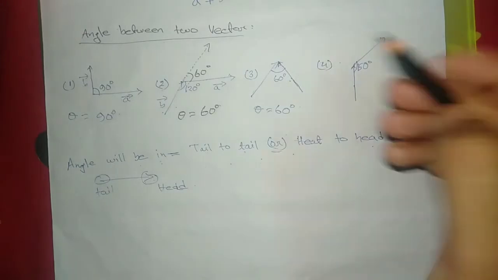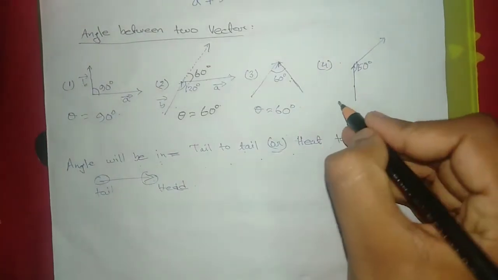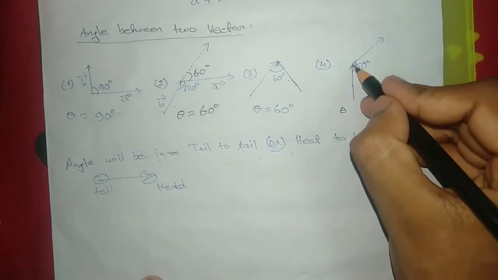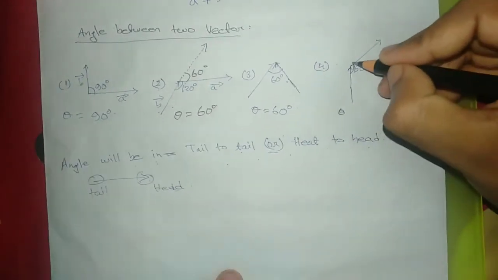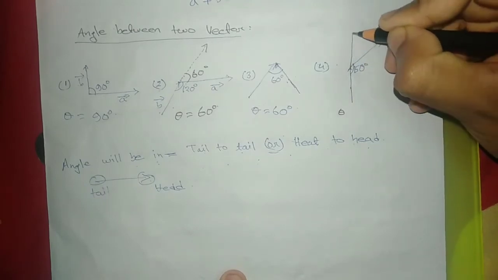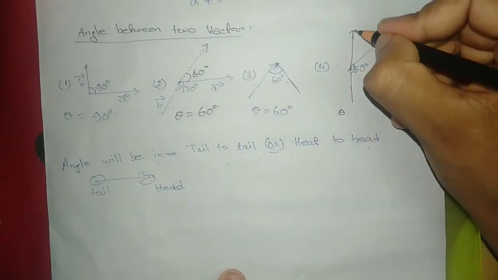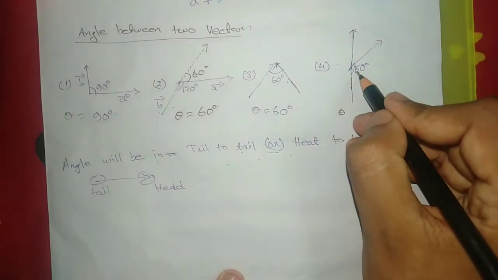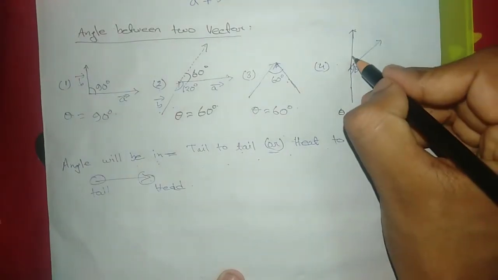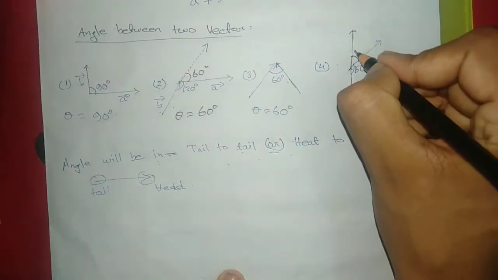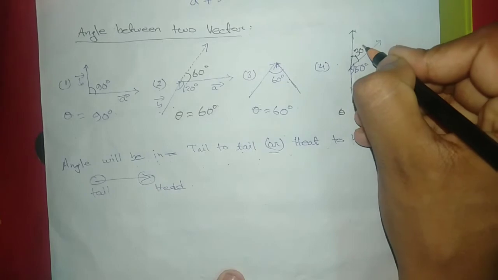In the same process, number 4, by parallelogram law, we can write this is 150 degrees and it is 30 degrees.